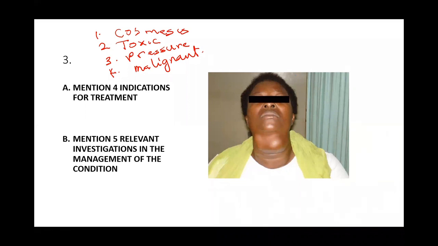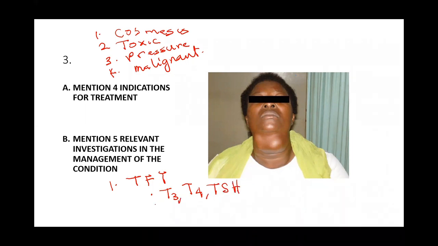Mention 5 relevant investigations in the management of the condition. Okay. One, you want to do a thyroid function test, where you are assessing T3, T4, and thyroid stimulating hormone.